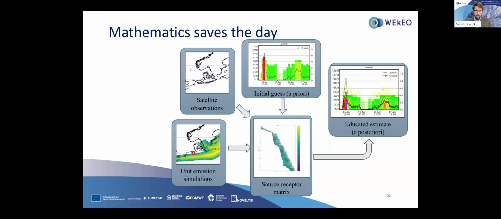And you see, in this case, we go from an initial guess with quite a large eruption on the 14th of April around noon to something which is reduced in magnitude in terms of how much ash is emitted, but the concentration is much higher and it's much closer to ground. So here, the inversion framework helps us to say that the actual layer in which the significant ash was erupted is closer to ground than what we originally thought.